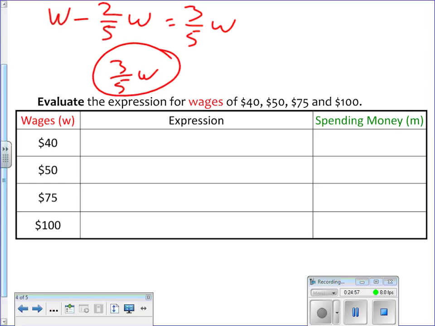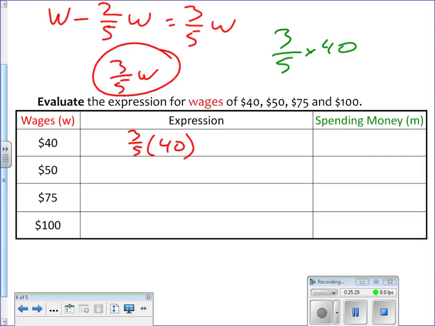So if I deposit $40, then the amount of money I have left is 3/5 of 40. Now, what do I have going on here? 3/5 and 40. I'm going to write off to the side here, I have 3 divided by 5 times 40.